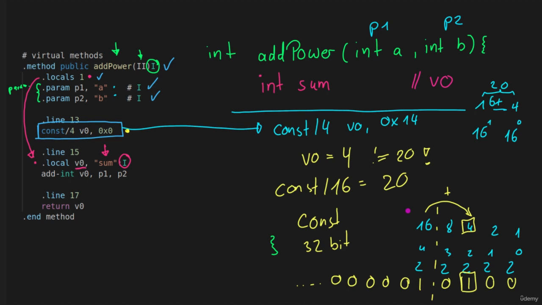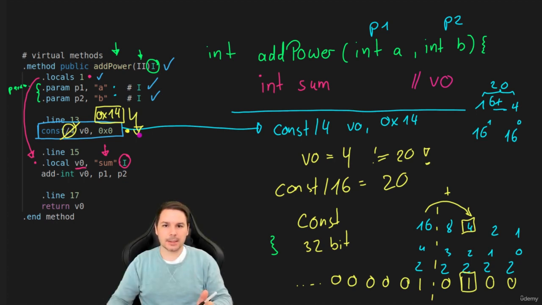Switching out the value over here, replacing it for example with 0x14, will not work because const/4 cannot hold this value. Therefore, simply remove this one over here and we are good to go. So I guess this instruction is now clear, isn't it?